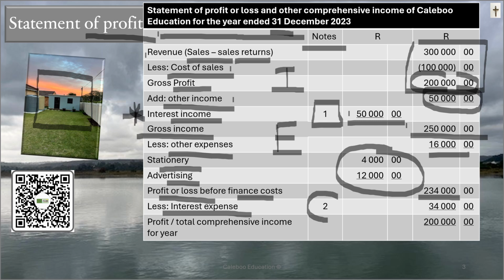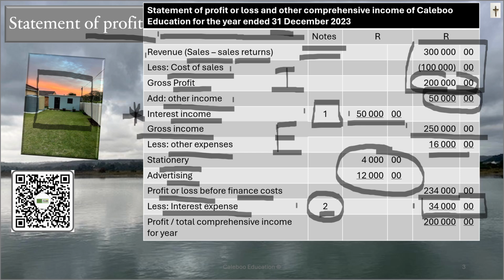Now remember, I mentioned earlier, interest is shown separately in a note to the statement of profit or loss and other comprehensive income. All interest is shown separately, either interest income or an interest expense. So the details of how this 34,000 Rand was reached would be shown in the note to this statement.